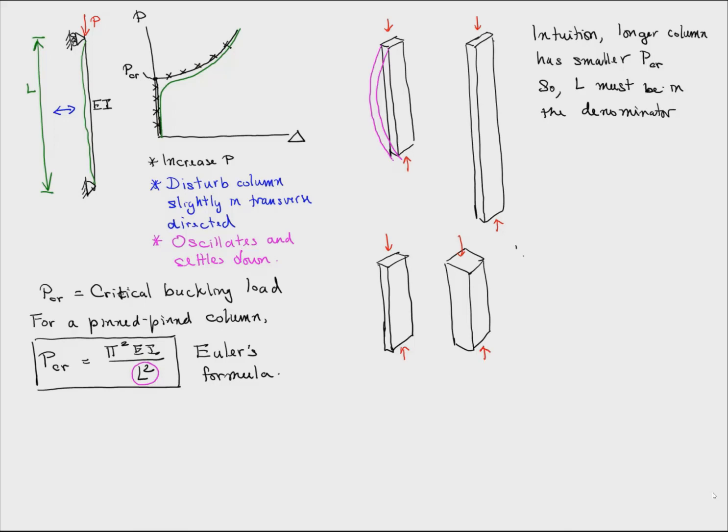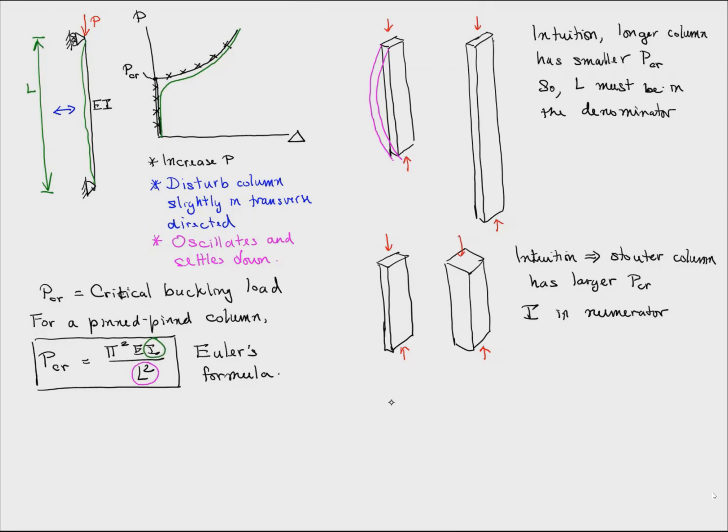So again, intuition says that the stouter column is harder to buckle. So the stouter column has larger critical buckling load. So I must be in the numerator. And that's what we find here, that I is in the numerator.